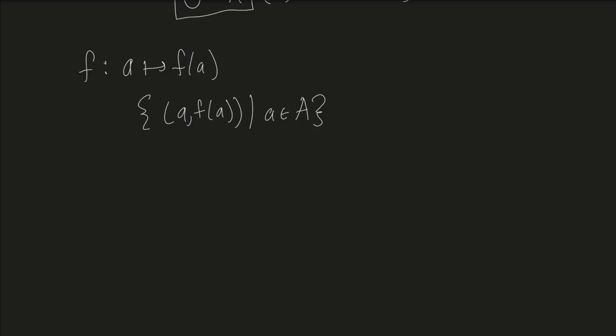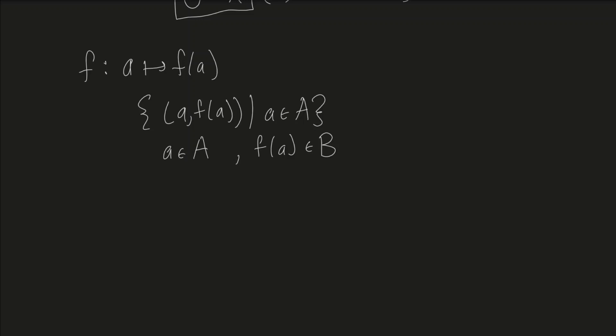Okay. Well, let's think about this. a is in our domain. f of a is in our range, right, which we call B. Now, what was the set of ordered pairs of elements in A and then elements in B?